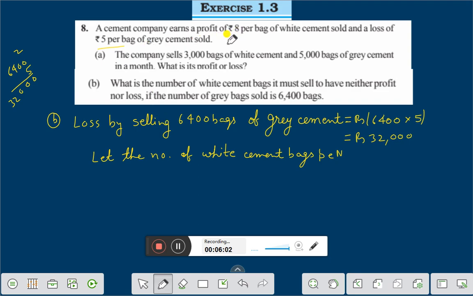Here you see there is a profit of rupees 8 in one bag. Therefore, in n bags there is a profit of 8n. Right? Therefore, here you see the profit is equal to loss. That is 32,000 rupees.